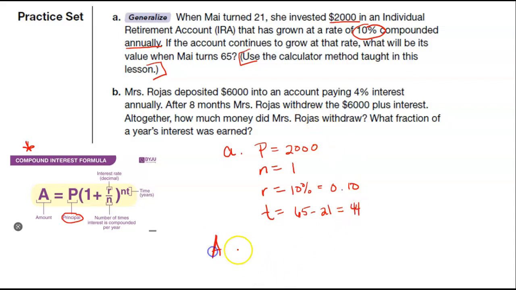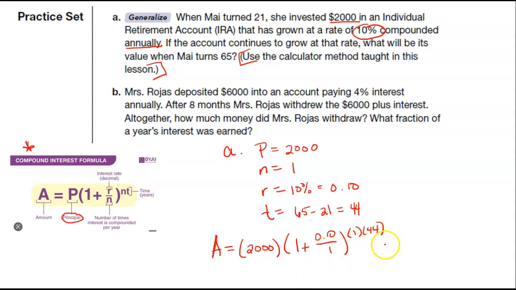I have the amount we're looking for is equal to 2,000 times 1 plus 0.10 over 1, and then N is 1, and T is 44. So we really can take some stuff out here.